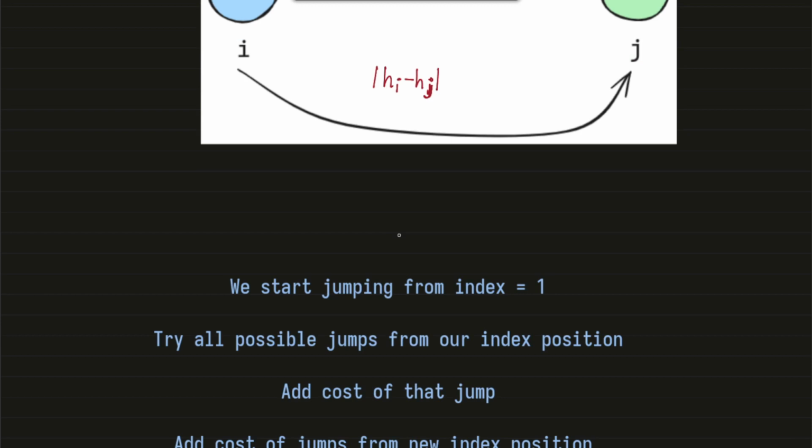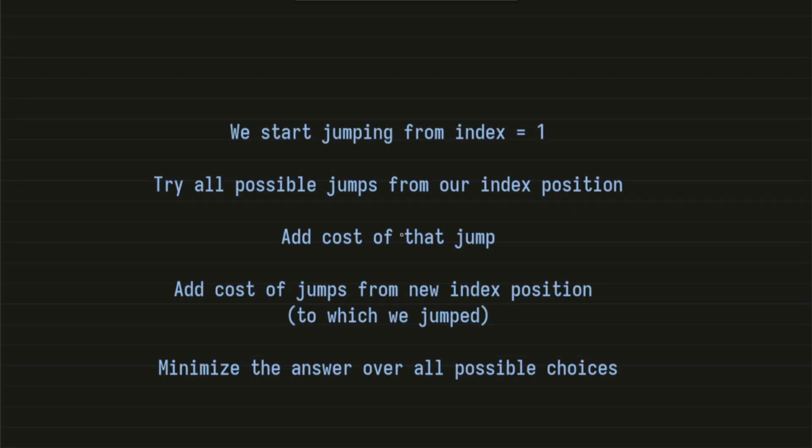Okay, so the main idea here is that we can use a dynamic programming approach where we start jumping from index equals 1, the starting position of the frog, and we try all possible jumps that are available from a current index position id.